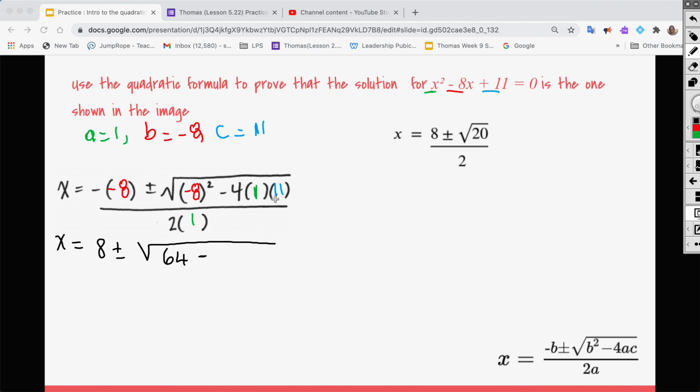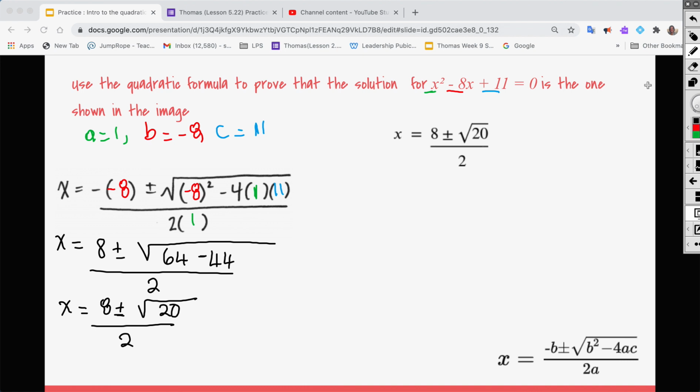Negative 4 times 11, that's a negative 44. All over 2 times 1, that's 2. Let's try to simplify. x is equal to 8 plus or minus 64 minus 44, that is 20. So that's the square root of 20 over 2.